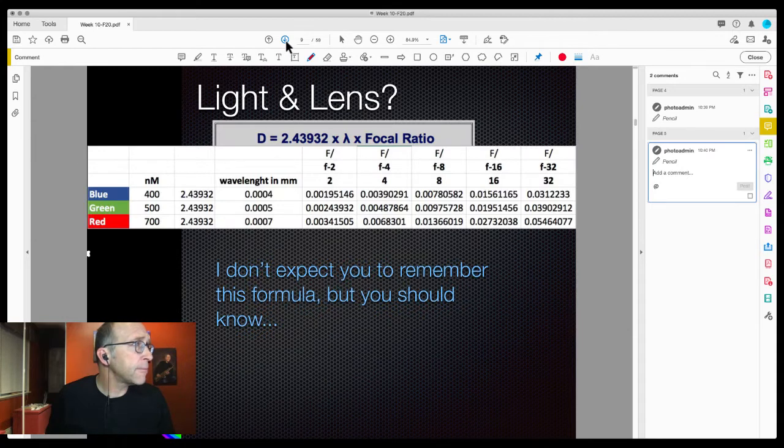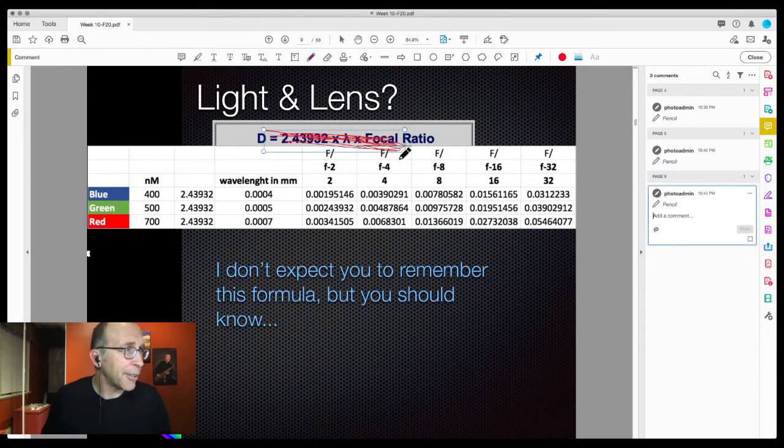Let's move on. This keynote, or this PDF that I'm going through, is also available on Fanshawe Online. That's just me showing you that yes, you can actually measure what an airy disk is, but I don't want you to memorize that formula.